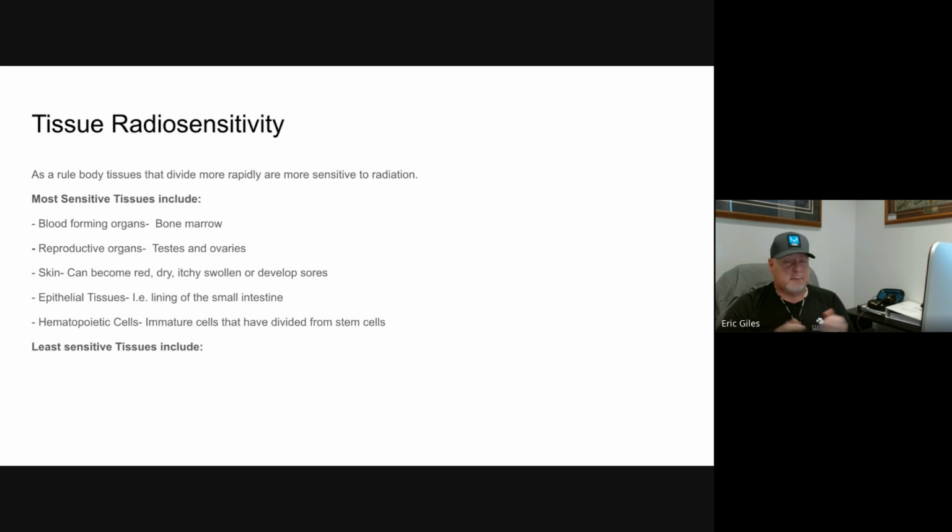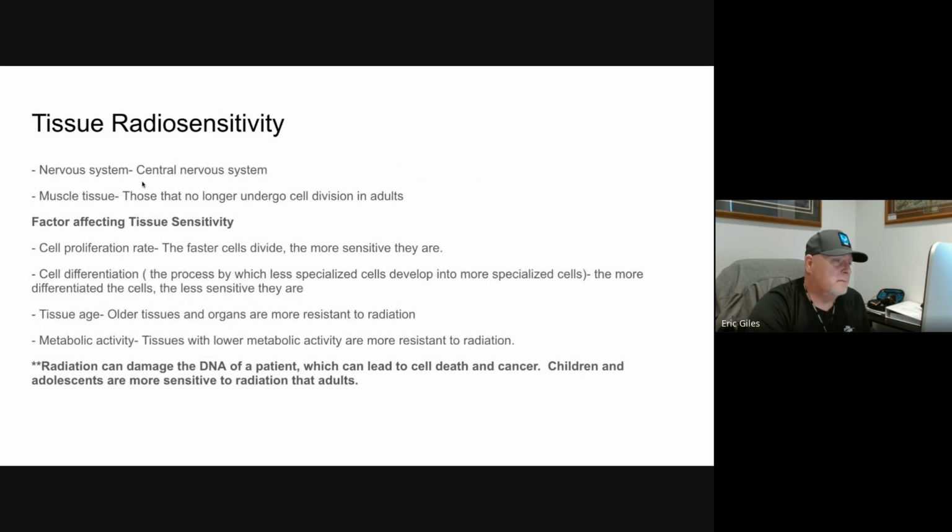Skin, it can become red, dry, swollen, develop sores. Epithelial tissue, the lining of the small intestine, for example, very radiosensitive, which is crazy to me. Hematopoietic cells, immature cells that have divided from stem cells. Okay, so blood cells. And the least sensitive tissues include the nervous system, central nervous system, muscle tissue, those that no longer undergo cell division in adults. Okay, those are least sensitive.